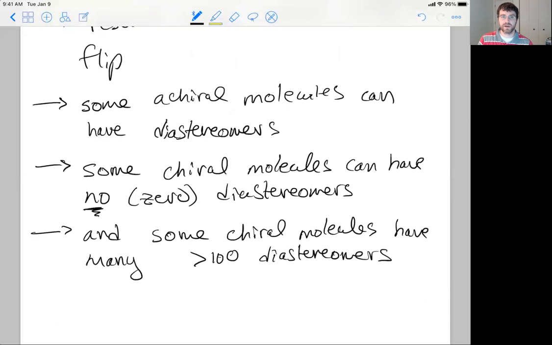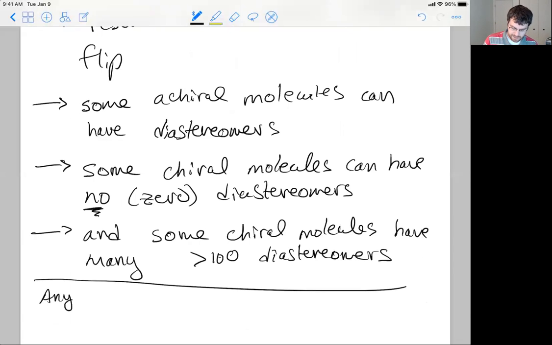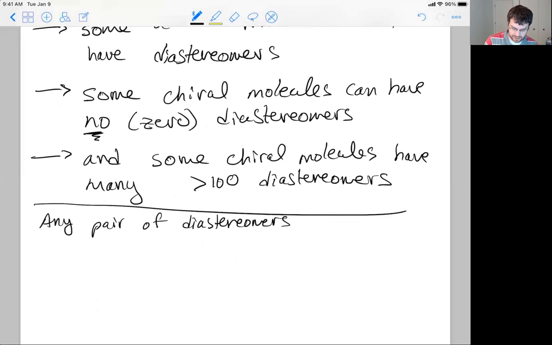Now, what I want to talk about is how they're similar and different to each other. Take any pair of diastereomers, two molecules that are diastereomers of each other. In what ways can they be similar? Really, it's composition and connectivity.